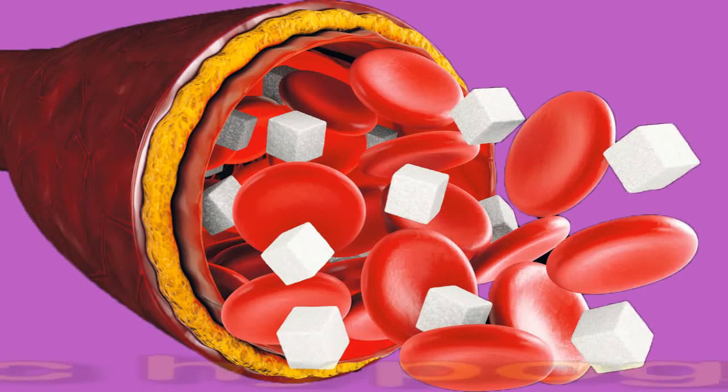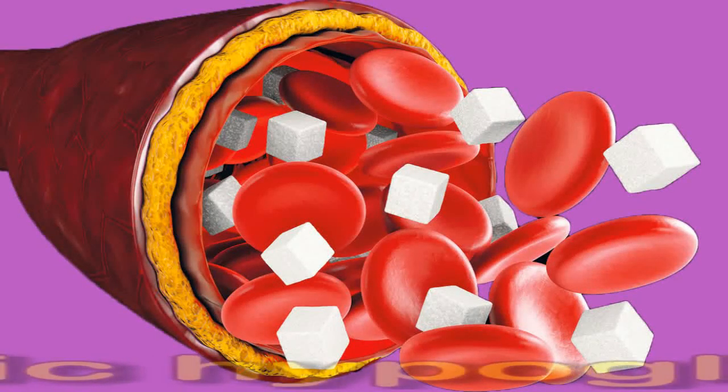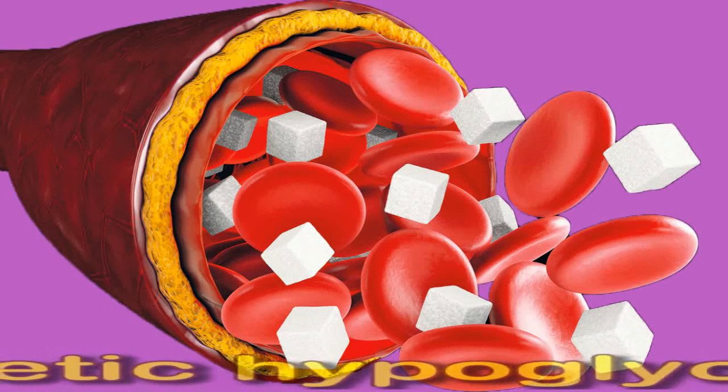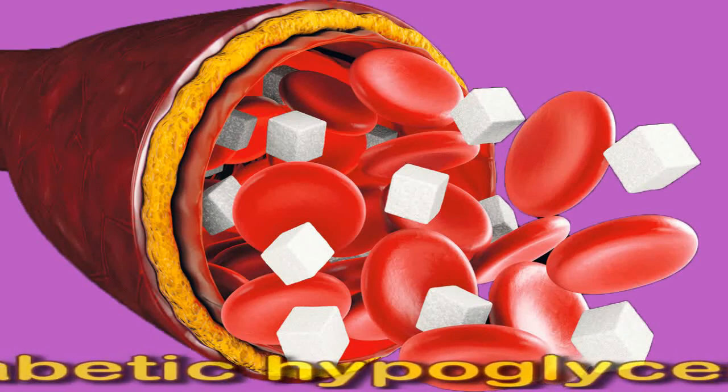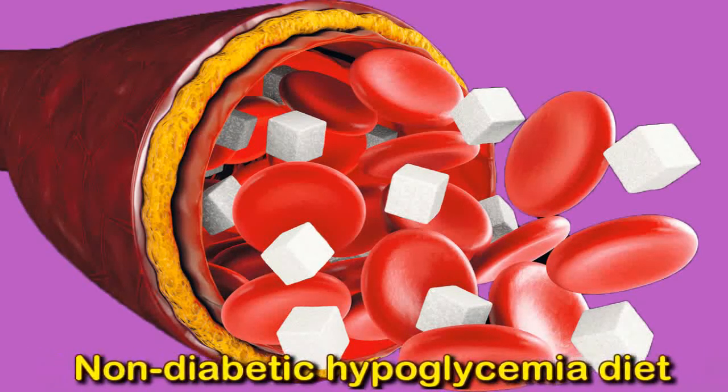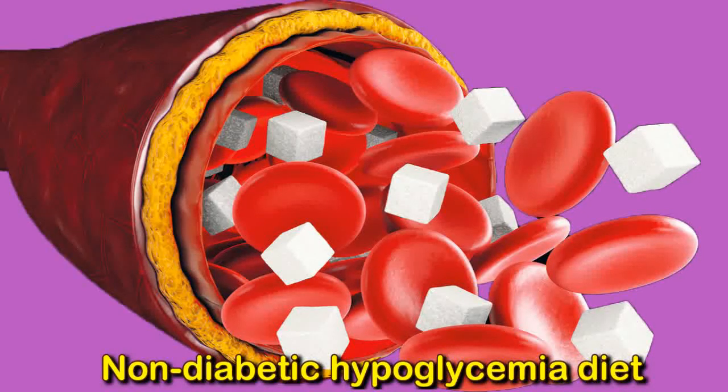Non-diabetic hypoglycemia diet. A non-diabetic hypoglycemia diet can help keep blood sugar levels balanced. The following tips can help to prevent hypoglycemia. Eating small meals regularly rather than 3 large meals. Eating every 3 hours. Eating a variety of foods including protein, healthful fats and fiber.